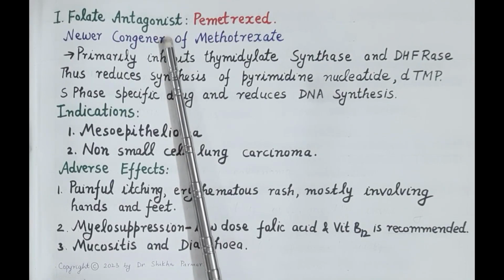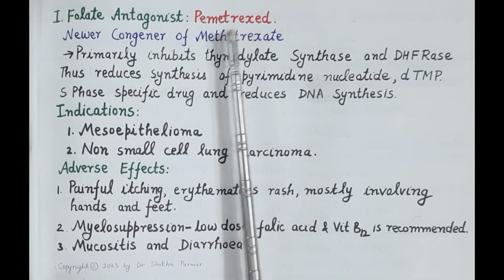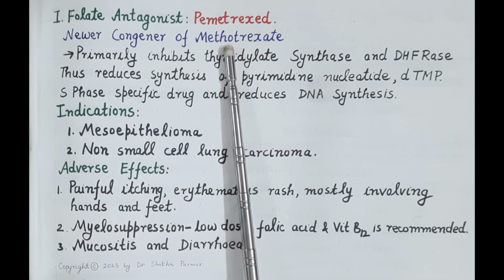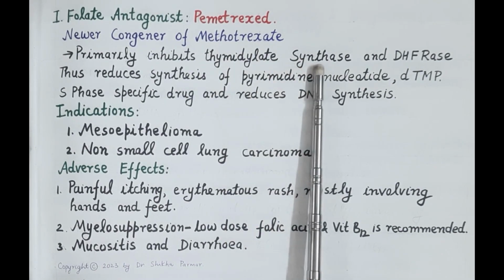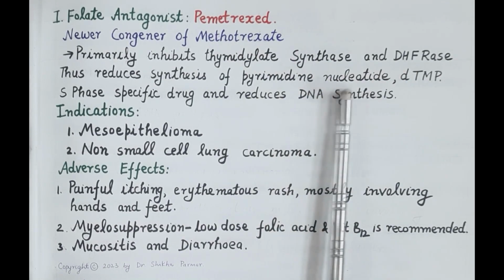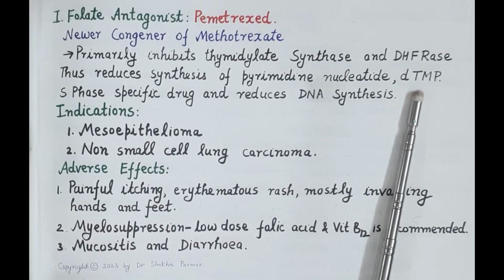Another folate antagonist is pemetrexed. Now, pemetrexed is a new congener or a new derivative of methotrexate. Now, like methotrexate, it also inhibits thymidylate synthase and dihydrofolate reductase, thereby reducing the synthesis of pyrimidine nucleotide, that is deoxythymidine monophosphate.